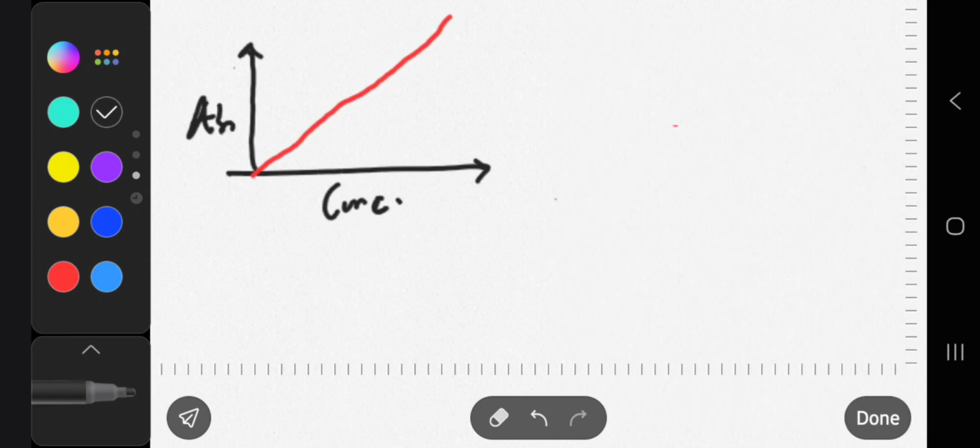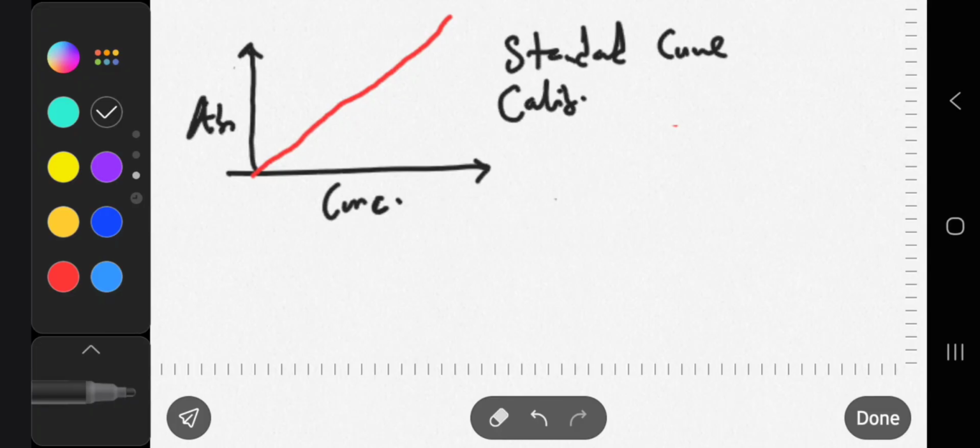This kind of curve is what we call a standard curve. You could be asked, what kind of curve is this? Standard curve, or you can call it the calibration curve. These are the right names.